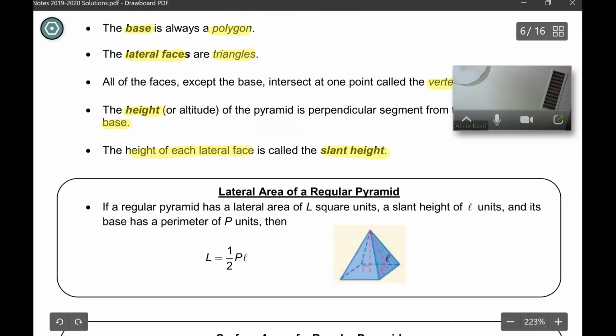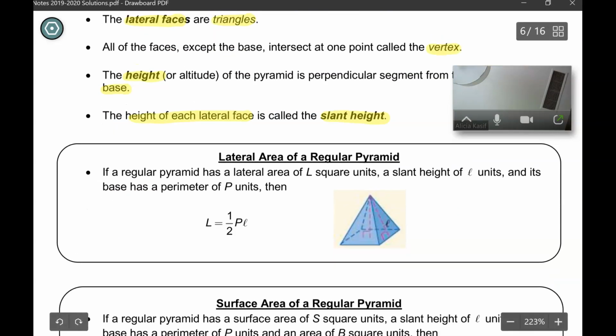Okay, so let's say we are looking at just the lateral area of the regular pyramid. If you imagine, it would just be taking these triangles and opening them up. If we were to add the area of all the triangles, if you picture one triangle, the area would be whatever the side is times the slant height divided by 2.